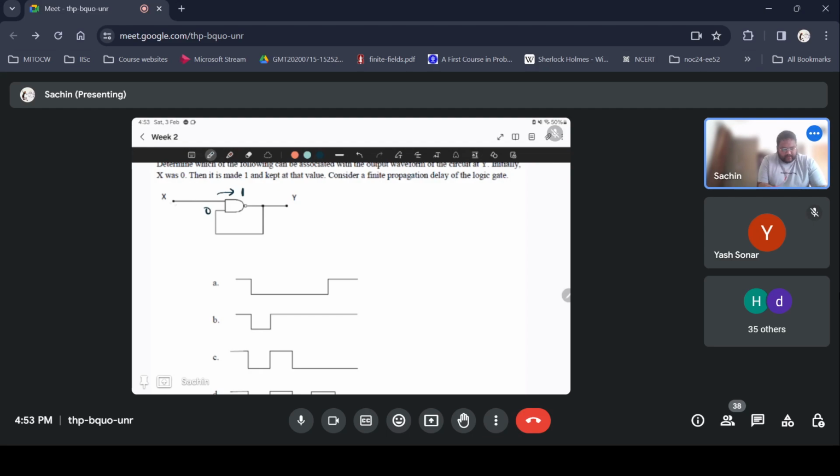At 0 and x is 1, the complement is 1. But that will take some time, it won't happen immediately. So the change in this input from 1 to 0 will be reflected at the output side only after some time. So it's still fine. It will slowly change to 0 after some time. Then again this will change to 1, and it will keep oscillating like that.